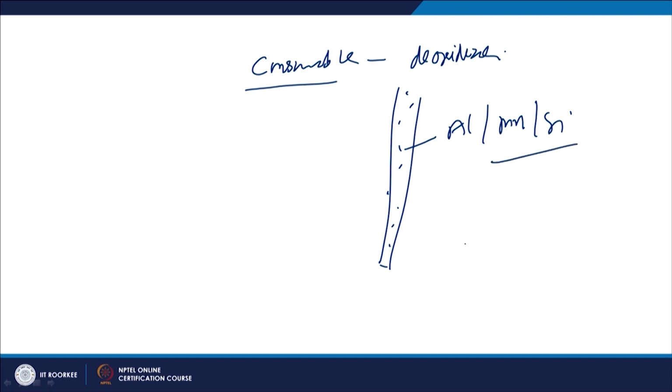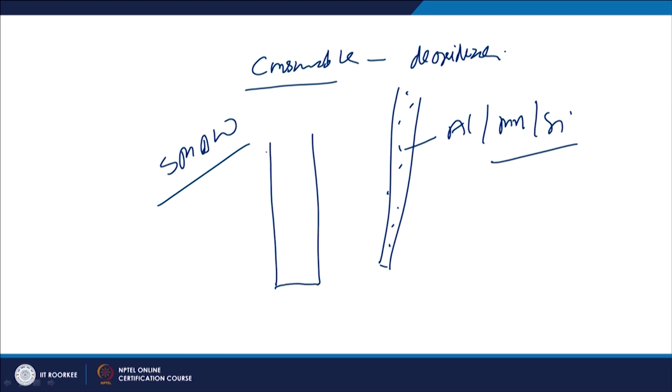Or in the case of a shielded metal arc welding electrode, the alloying elements can be provided along with the flux, so that these elements get introduced into the weld metal to take care of the oxygen present in the weld metal, in order to avoid the formation of CO and the development of pores.